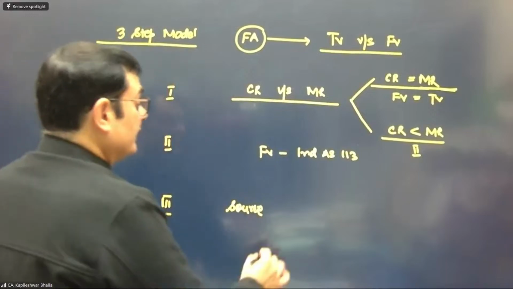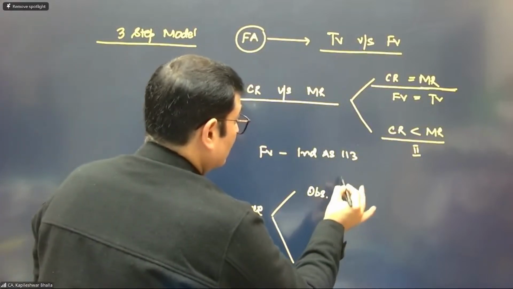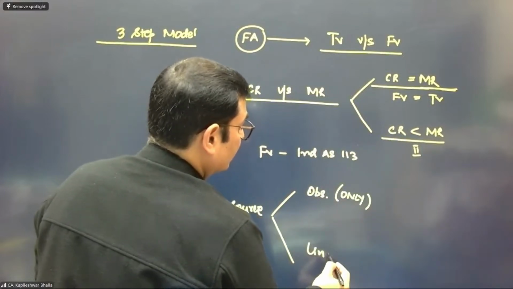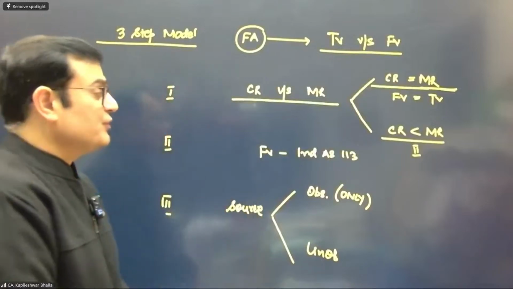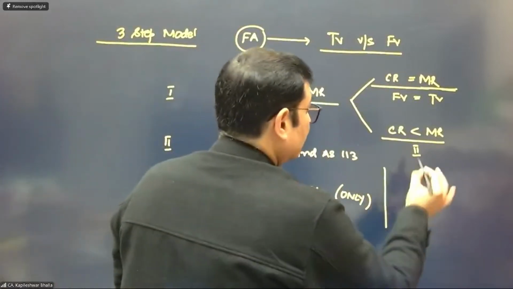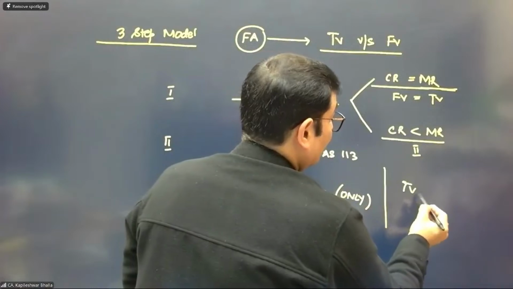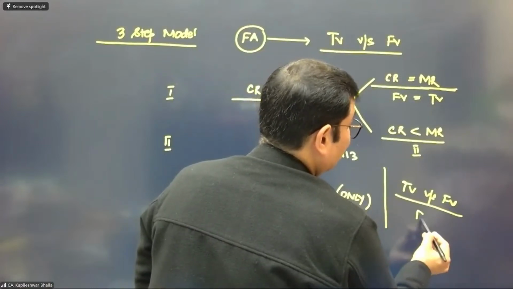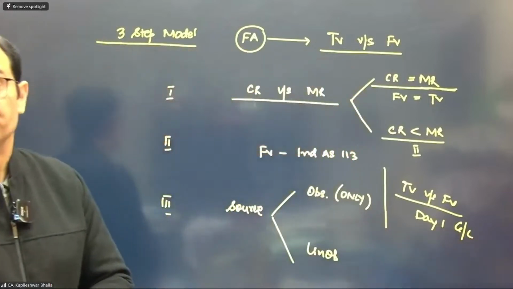In this case there are two things: either you are considering only observable data in the calculation of the fair value, or you are considering unobservable data. If you're considering observable data, then the difference between the transaction value and the fair value is going to be taken to the P&L. That's called a day one gain or loss, as the case may be.